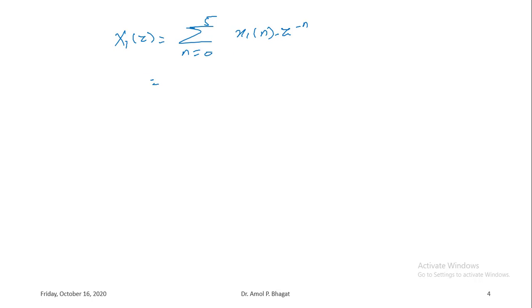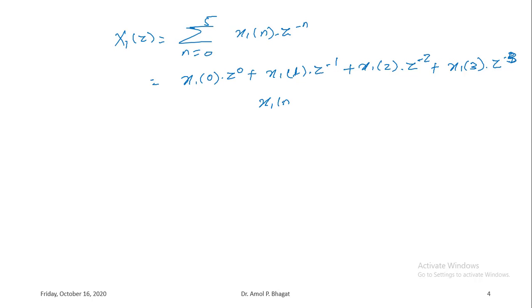If I substitute the values of n here, it will be x1 of 0 into z to the power 0 plus x1 of 1 into z inverse plus x1 of 2 into z to the power minus 2 plus x1 of 3 into z to the power minus 3, then x1 of 4 into z to the power minus 4 plus x1 of 5 into z to the power minus 5.